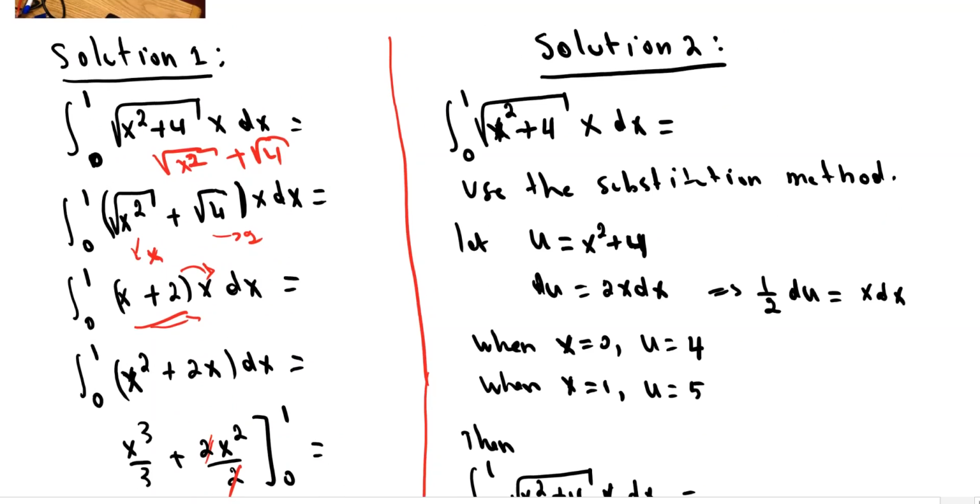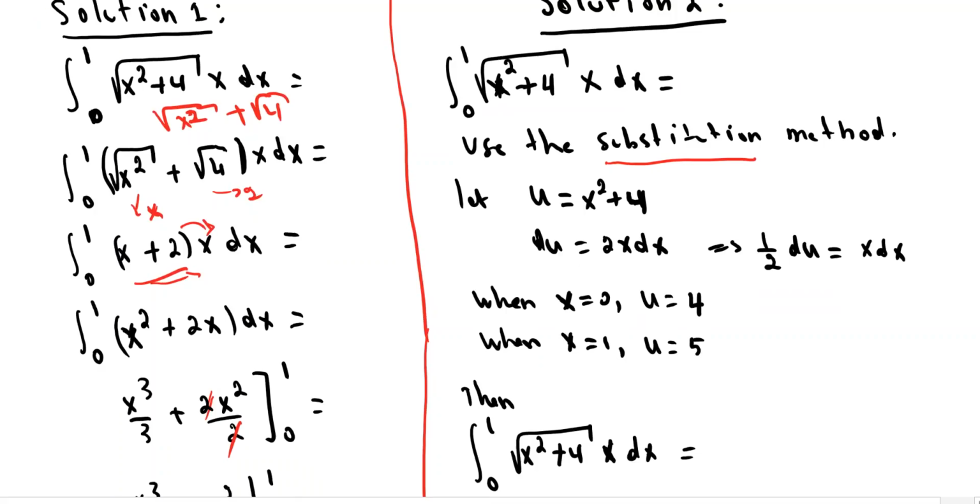So we go to the second solution, which again, we start with the integral from 0 to 1 of x squared plus 4, and then the square root of that, and then times x dx. But this time, this person actually used what we call the substitution rule, and you let x squared plus 4 be u, and then you take the derivative of that, so you get du equals the derivative of x squared, which is 2x, so you get 2x dx.